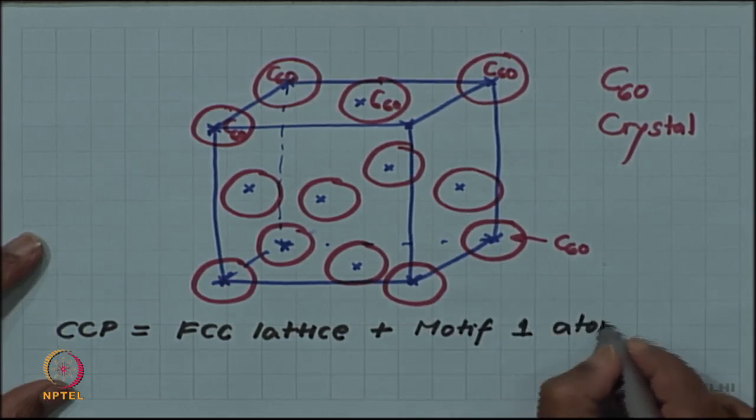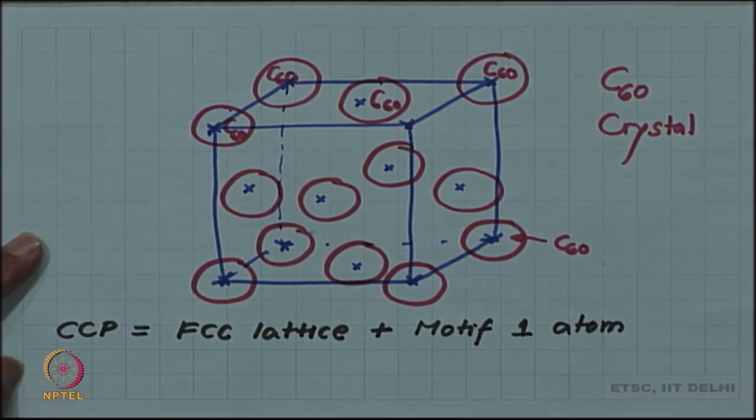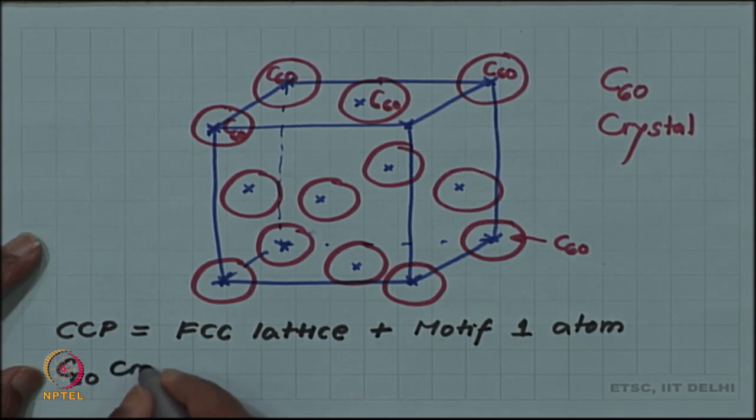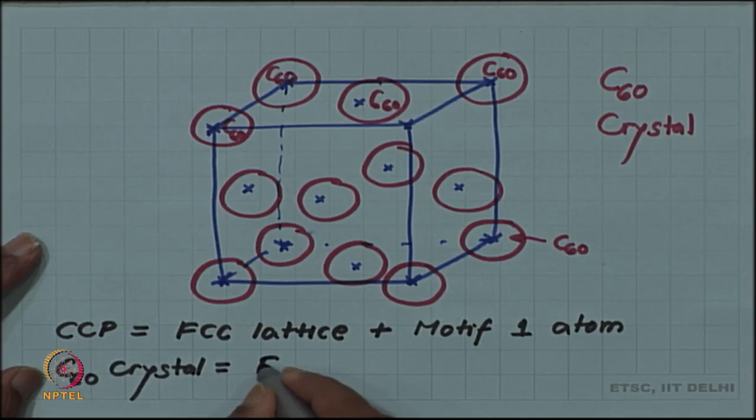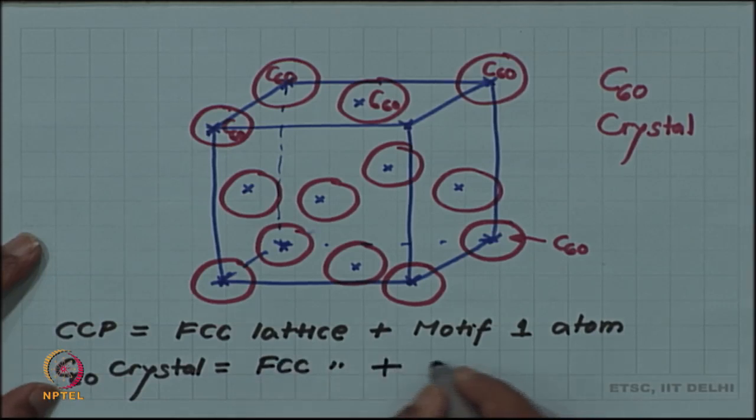In a C60 solid you have the same FCC lattice, but now the motif is of 60 atoms.